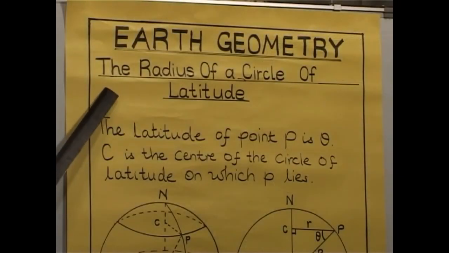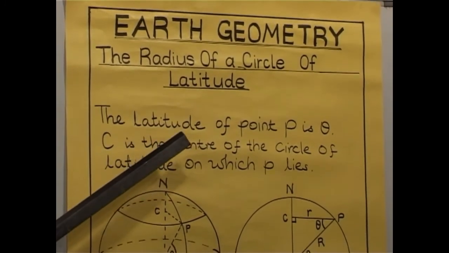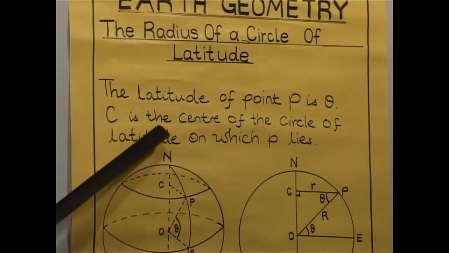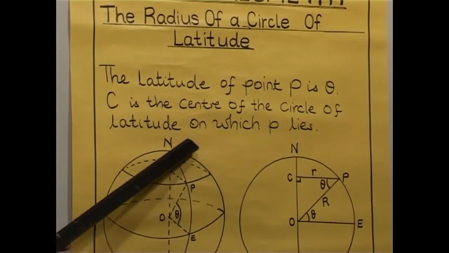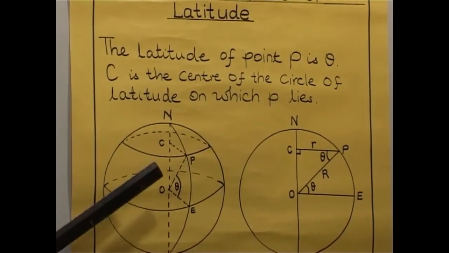From the chart, you can see we are looking at the radius of a circle of latitude. So we can say that the latitude of point P is theta, then C is the center of the circle of latitude on which P lies, as you can see on the chart.